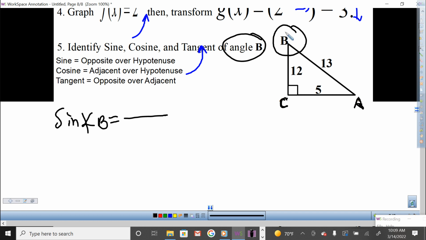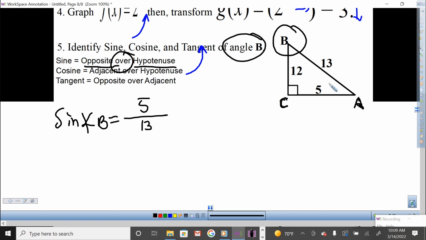Justin. Well, according to sine, it says opposite side over the hypotenuse. So here's angle B. What side is opposite to B? 5 over, which is my hypotenuse. 13, yes, the longest side.